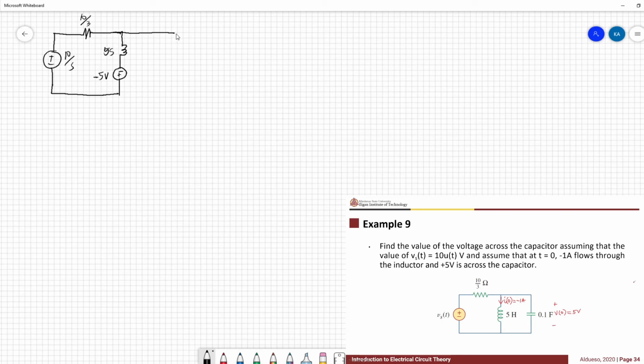Then we have the inductor in series with a voltage source. So this is 10 over S. Then we have V0 over S, or this is equivalent to 5 over S volts, and this is the voltage across the capacitor.